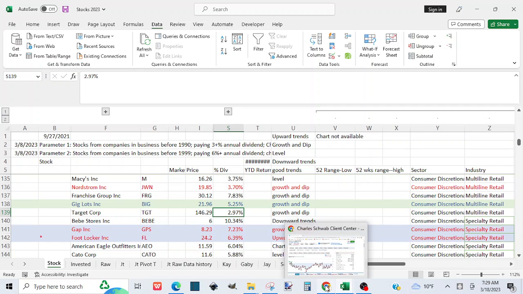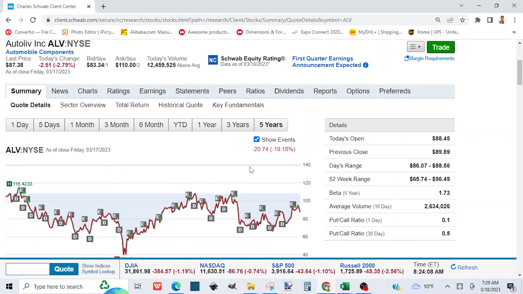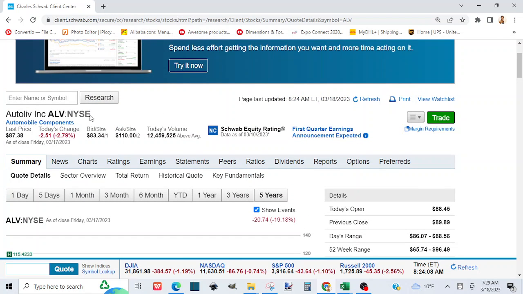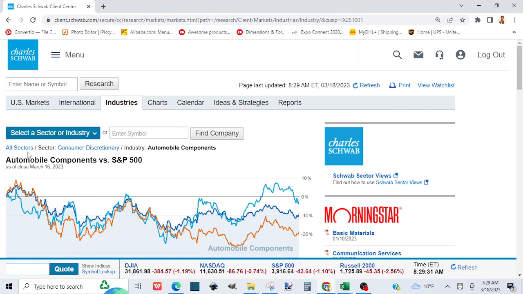You don't have to go back to the research page and go through those sub-industries. So now we work on automobile components. Let's go back. We are going to go all the way back to our sector.